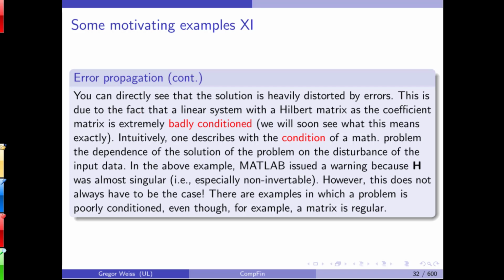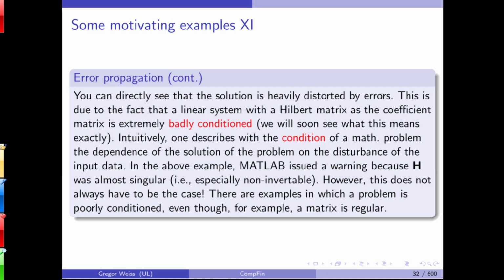Okay. This is an example of error propagation and of a badly conditioned problem. Here, it's not the problem of the algorithm. The problem is that any algorithm that tries to solve this particular problem will fail. And you need to change the approach to the problem in order to solve this system of linear equations.